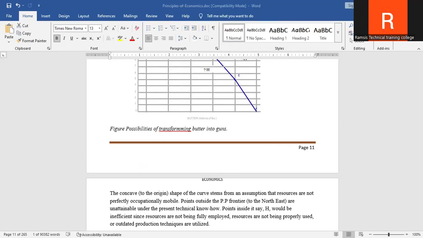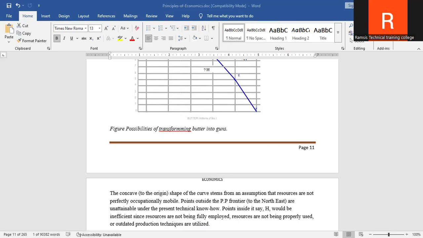If you compare positive and normative, positive economics is descriptive and factual, while normative economics is prescriptive and opinion-based. Positive is more objective, and normative is more subjective.